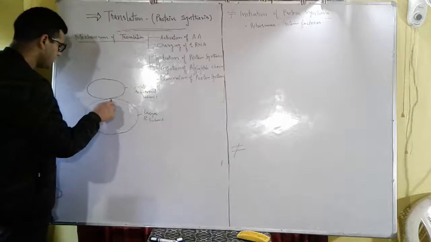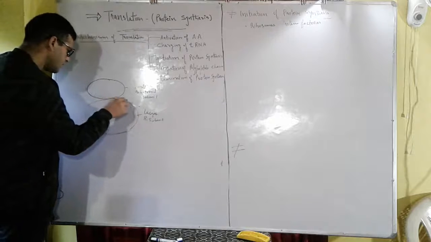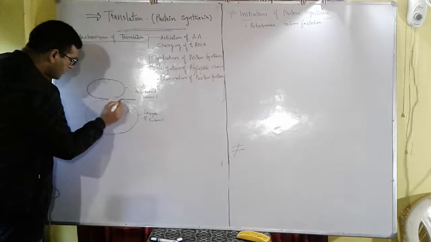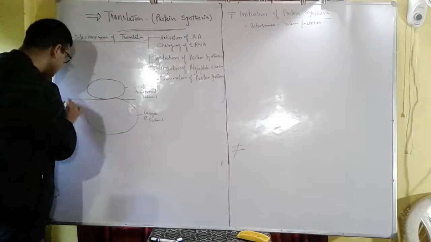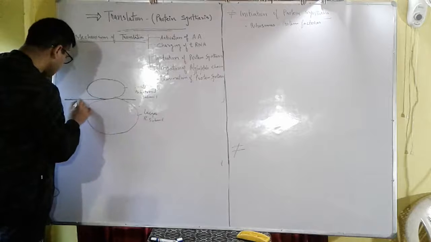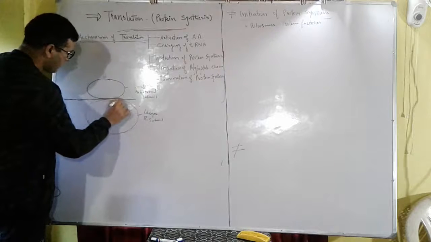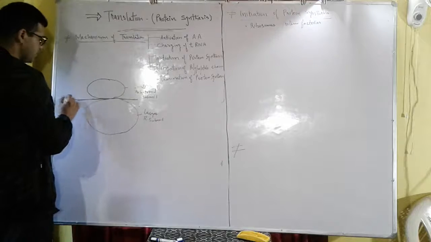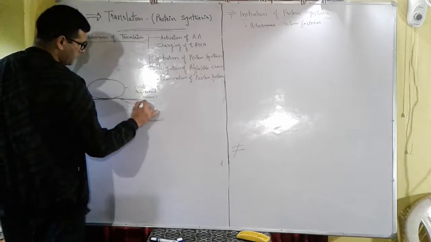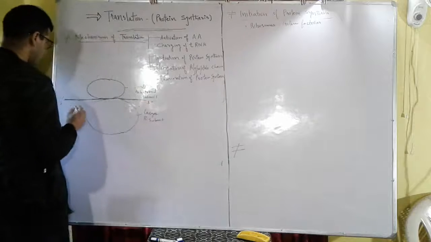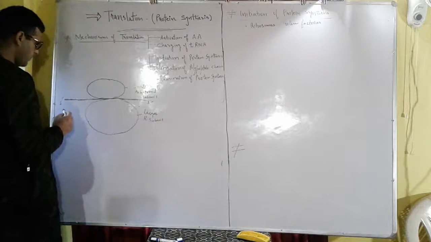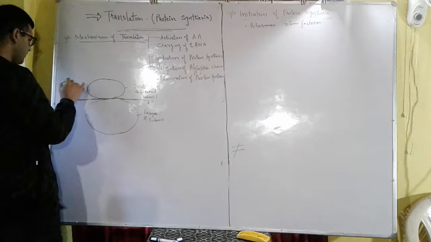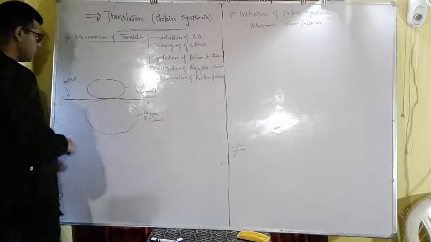Obviously, the mRNA chain is present here. This is mRNA, 5' end, 3' end. This is messenger RNA.